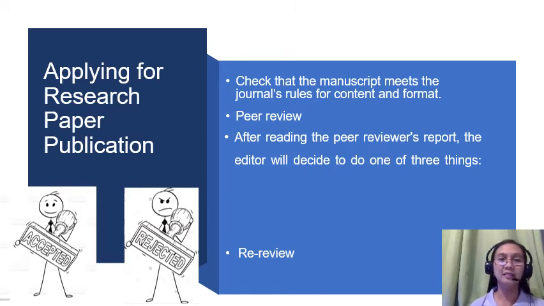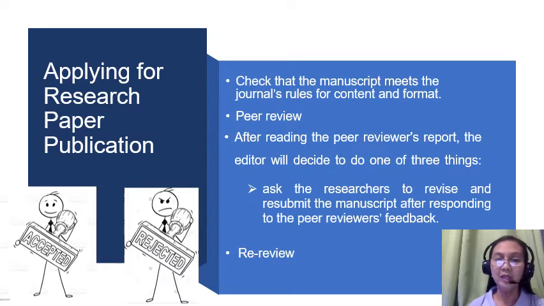And last, the re-review. A re-review is done if the researchers resubmit the manuscripts. The editors will sometimes ask the same peer reviewers to look over the manuscript again to see if their concerns have been addressed. This is what we call re-review.